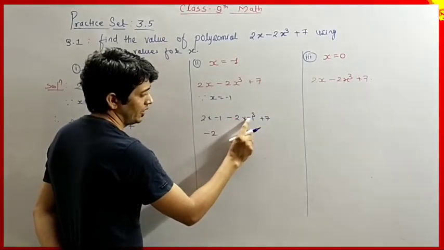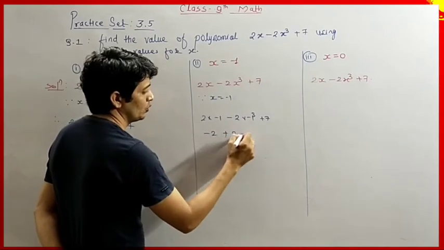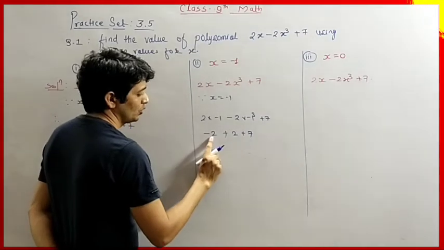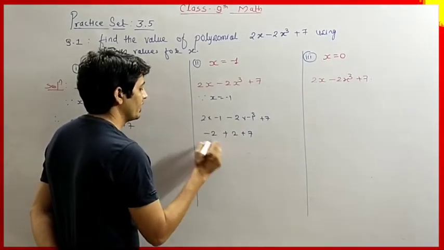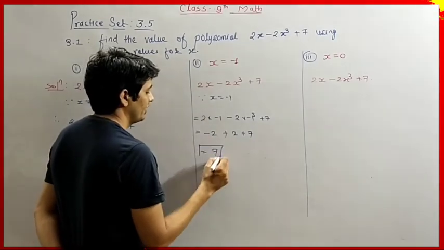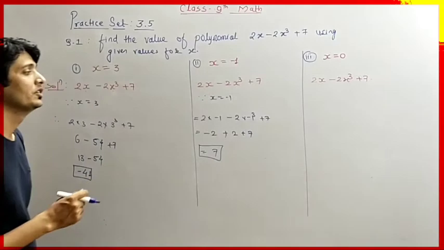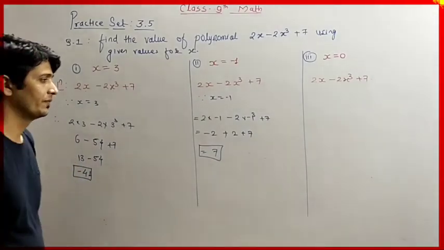Minus into minus becomes plus, and 2 into 1 is 2, plus 7. So minus 2 plus 2 is 0, therefore the answer will be 7. So the second answer is 7 for x equals minus 1.